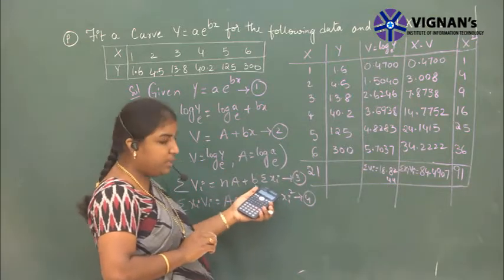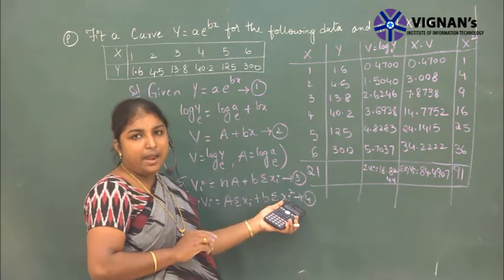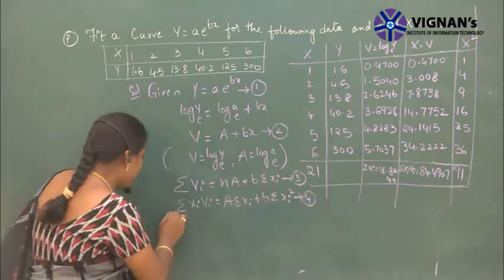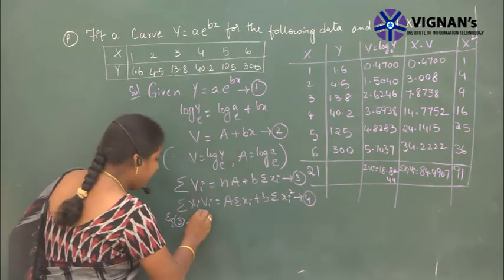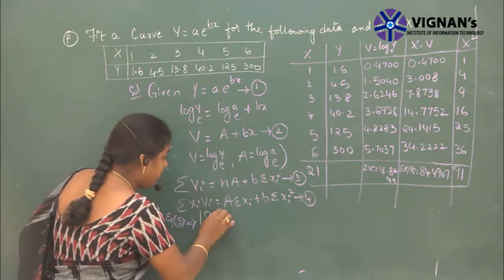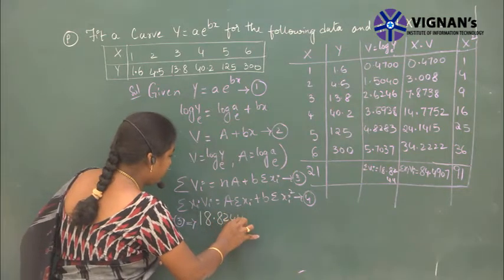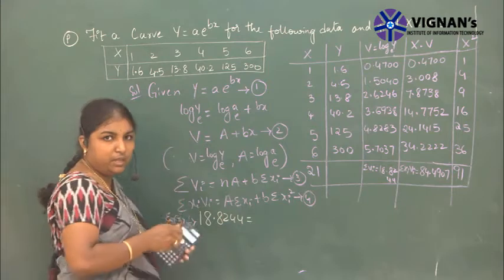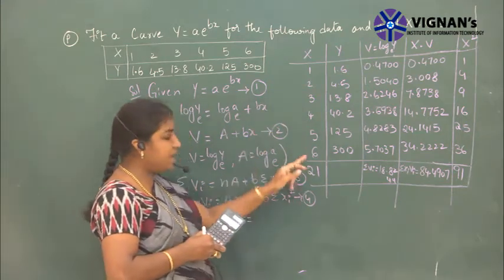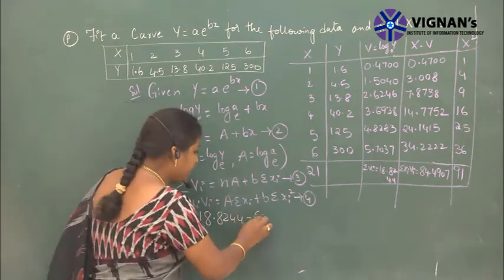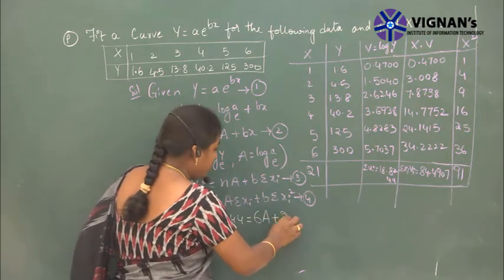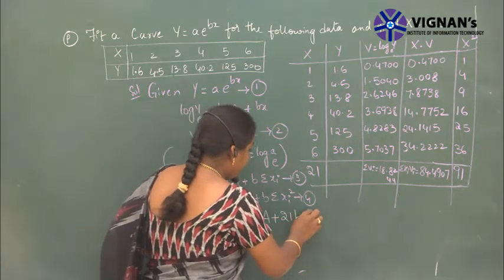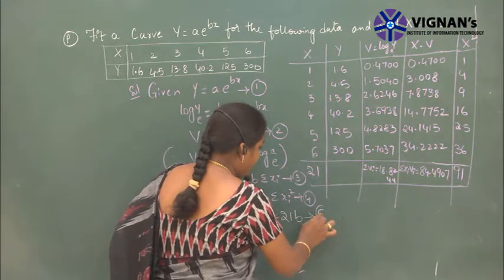We are substituting in equation 3 and equation 4. Equation 3 implies summation vi is 18.8244 equal to n, the number of observations. We are having 6 observations, 6a plus summation x is 21b. Let it be equation 5.